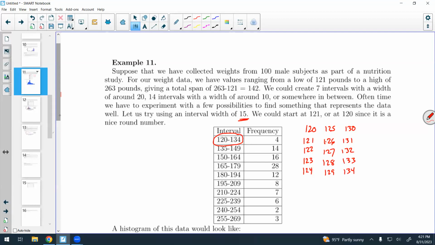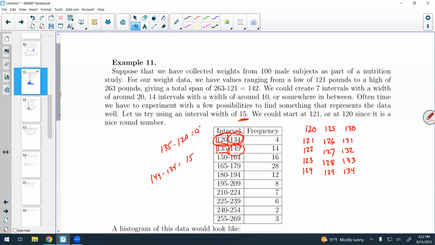Now, how many different data points are in that interval? 15. The way to find the width of the intervals is you can start with the lower number to the lower number. 135 minus 120 is 15. Or the higher number to the higher number, 149 minus 134, 15.